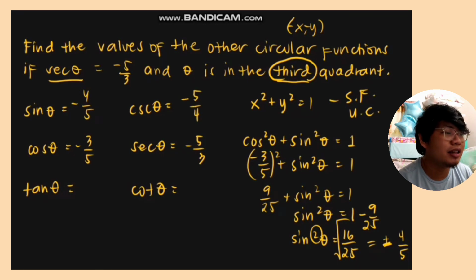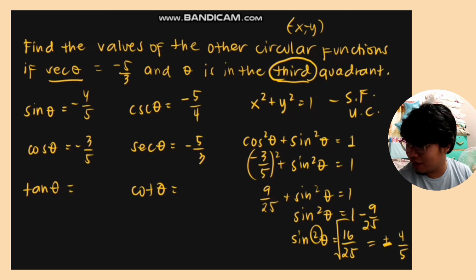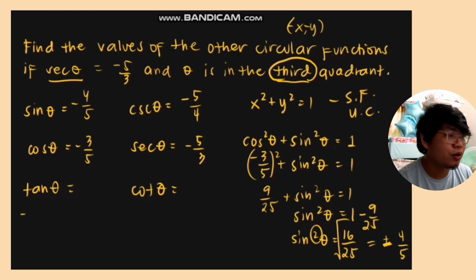Now for tangent, kunin lang natin parehas. We have negative 4 over 5 multiplied by negative 5 over 3. Okay, in-over lang natin to, di ba? So that is positive 20 over 15. So we can also write that as 4 over 3. So yun dito, 4 over 3.